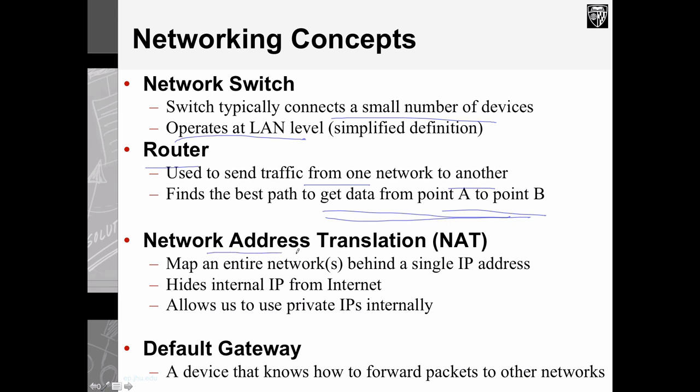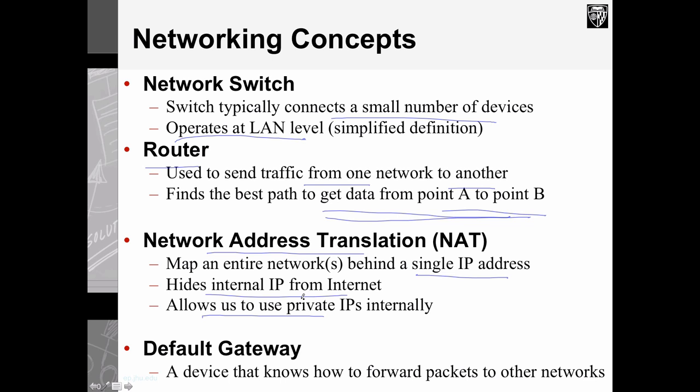The next concept we want to talk about is NAT, or network address translation. This is a device that's used to hide an entire IP range from the internet. So for the outside network, it might appear that all the traffic is coming from a single IP address, and then in the back end, we might be using multiple devices, multiple ranges of IP addresses.